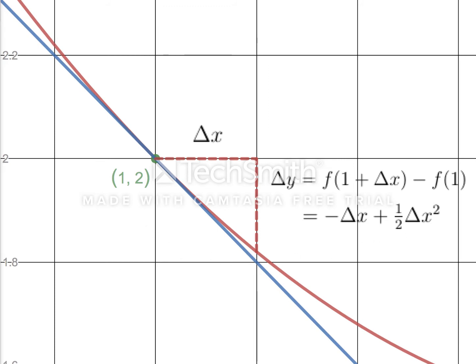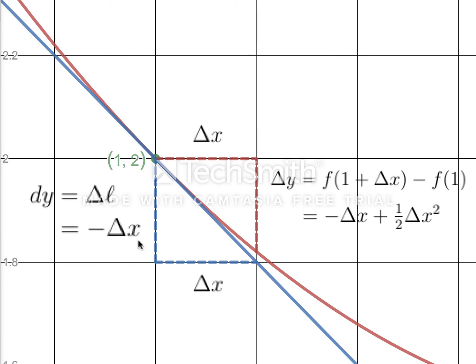Now for the tangent line in blue, we also have a slope. And we can talk about the change in the line. So again, if we go over delta x from the line, so we go over, and then if we go up to hit the curve, that's our change in L, which, because this graph has a slope of -1, if I go over delta x in the positive direction, I'm going to have to go down negative delta x in the y direction.